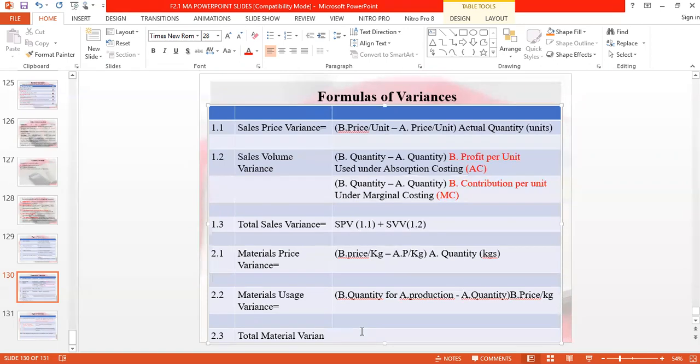Total material variance is equal to, you all now know, material price variance plus material usage variance.